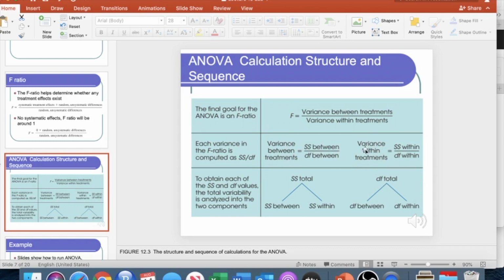And the variance within treatments, or our mean squares within, takes into account sum of squares within and degrees of freedom within. So this is just showing that our sum of squares and degrees of freedom go into our variance between treatments, and the variance between treatments and variance within treatments goes into our F ratio.